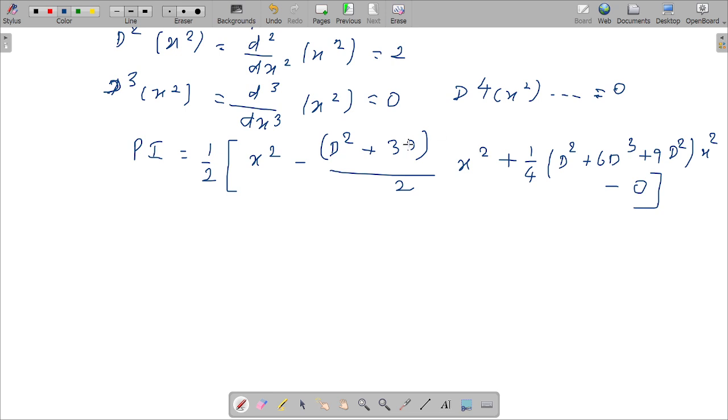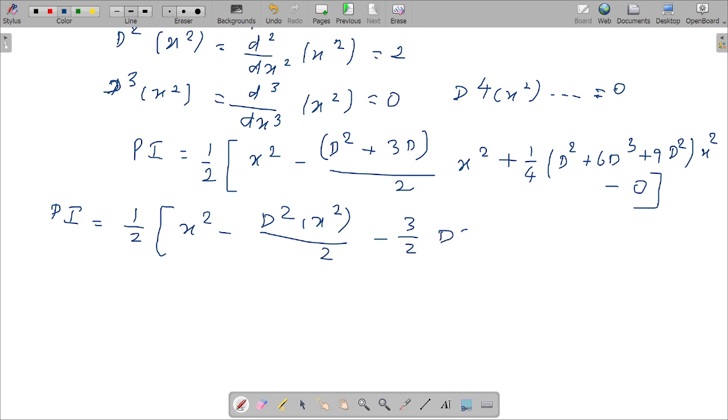Now the particular integral is 1 by 2 x square minus d square x square by 2, plus and minus is minus 3 by 2 d of x square, plus 1 by 4, only x square, d square we can take.